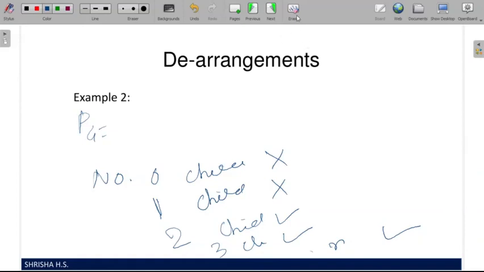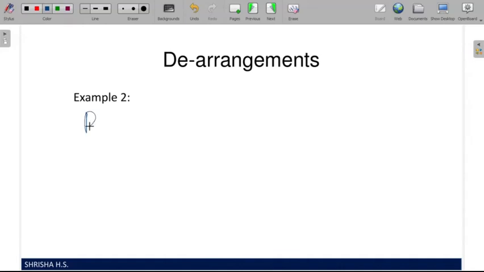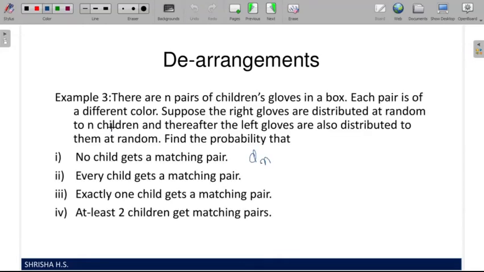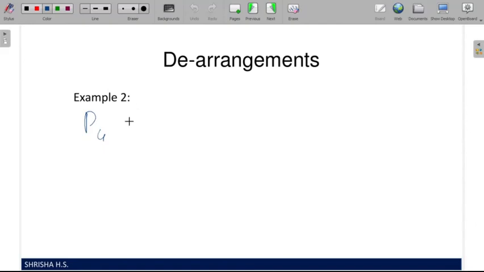We have already calculated in the previous problems the cases where no child gets a matching pair and exactly one child gets a matching pair, in P1 and P3. The maximum value of a probability is 1. So we subtract the probability of zero children getting a matching pair and of exactly one child getting a matching pair, and the remaining answer will be the answer.